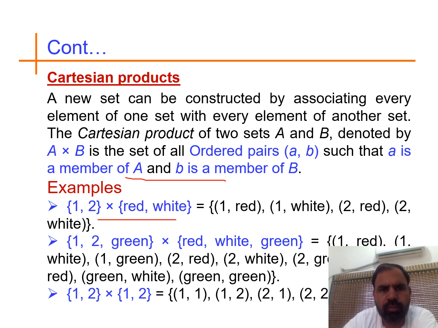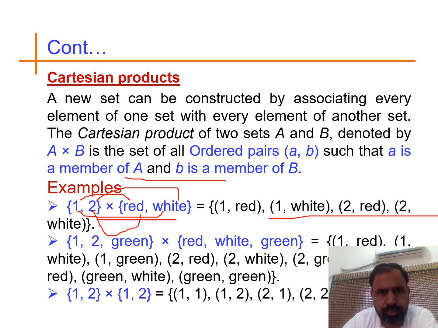So we take 1 with red and 1 with white, then 2 with red and 2 with white. This is the Cartesian product of these two sets.